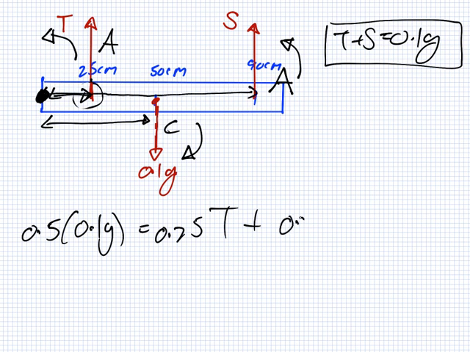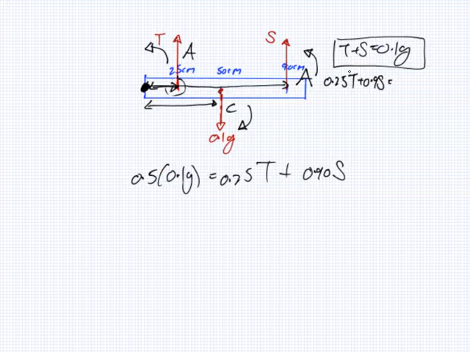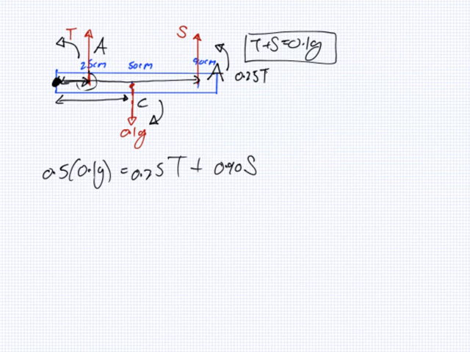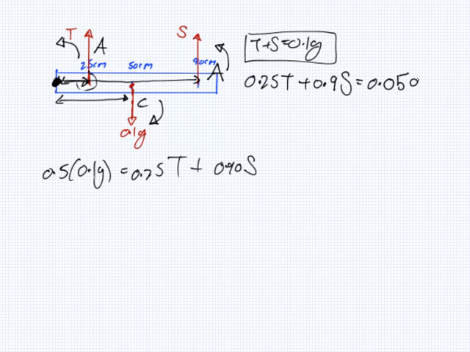That's 0.9 S. So now you get 0.25 T plus 0.9 S equals 0.05 g, if I keep the g in it there.